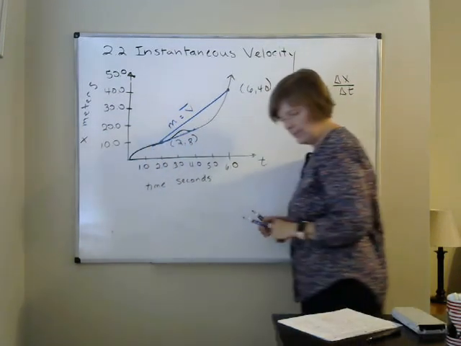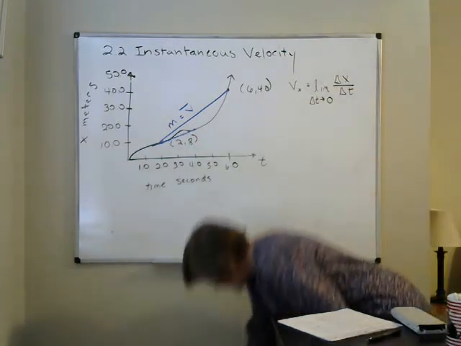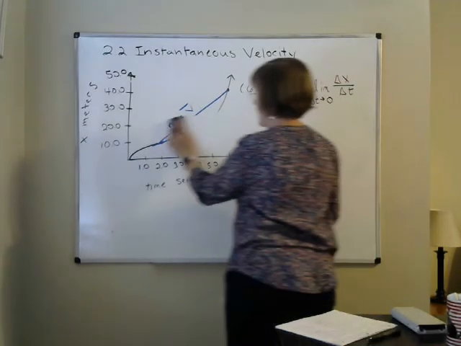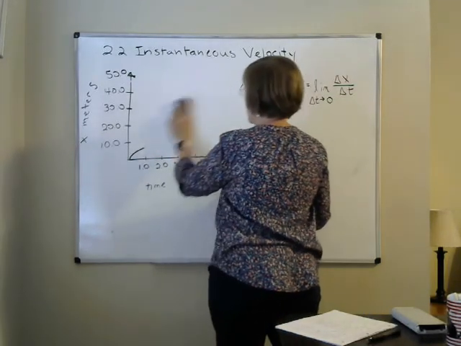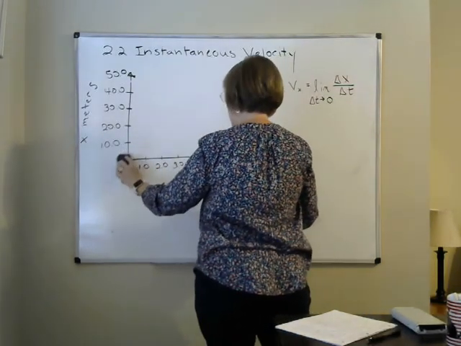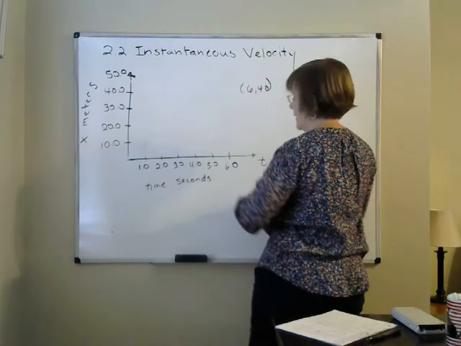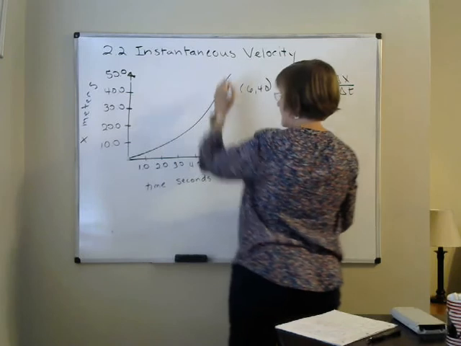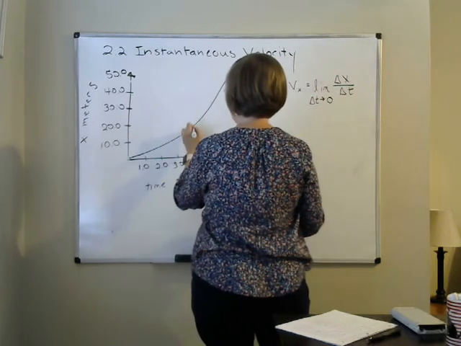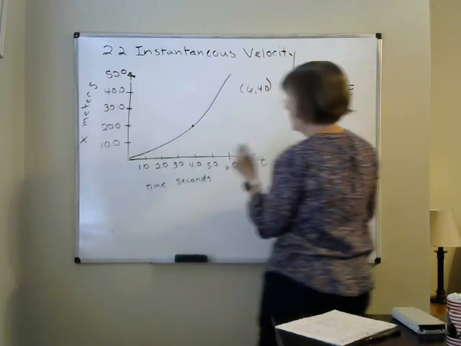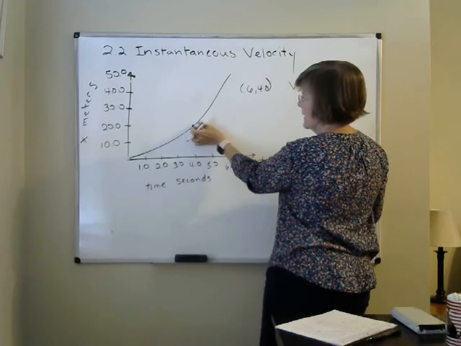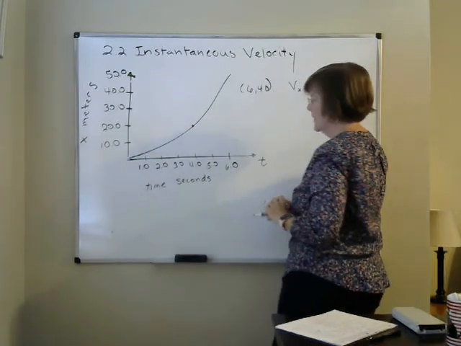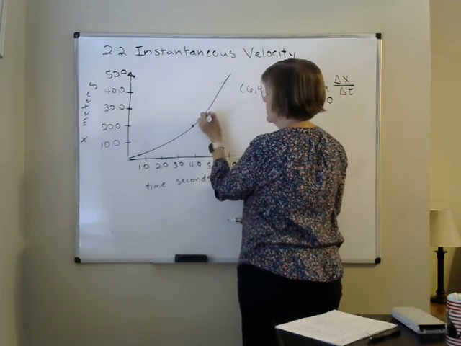Let me draw a different picture now. If I wanted to know the instantaneous speed at 4 seconds, I'd want to make a tiny short interval. So short, in fact, that the line would be tangent.